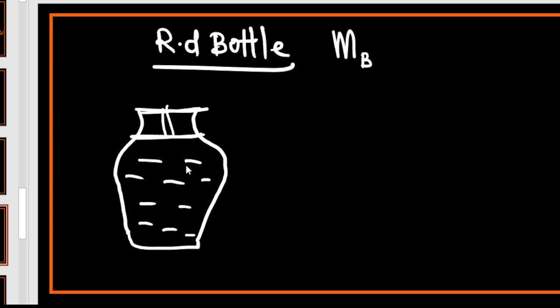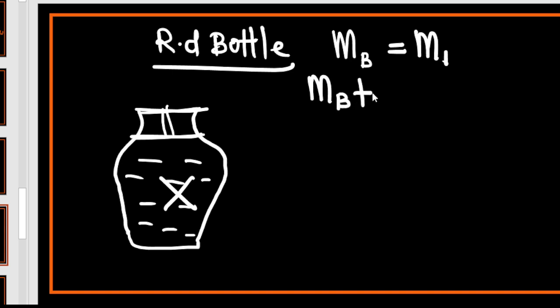So the next thing you want to do is fill the container. Now empty bottle means there is nothing inside here. So after measuring the mass of the empty bottle, you fill the container with, let's say, liquid X. You measure the mass of the bottle, let's call it M1. You then measure the mass of the bottle plus liquid X. Let's call that M2.